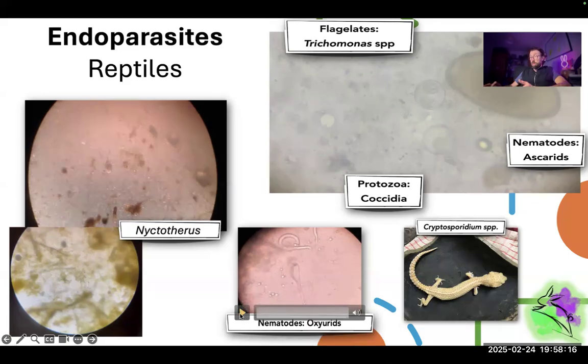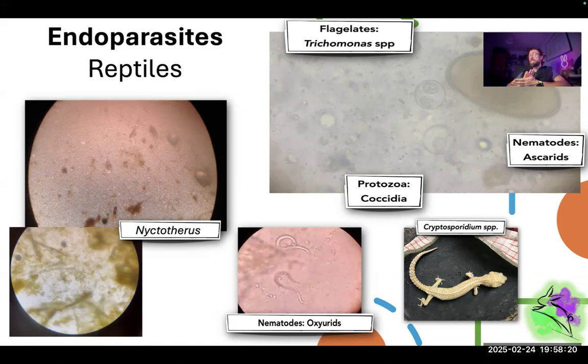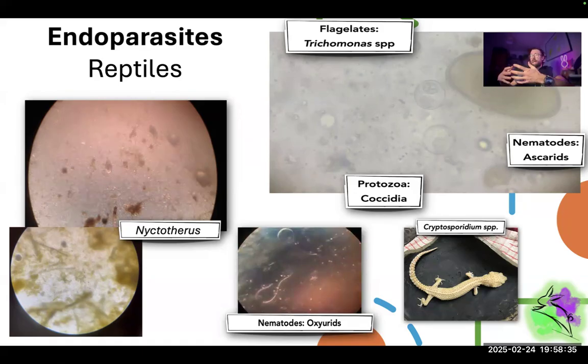Then we have nematodes, specifically oxyurids. In some reptiles, as we will see in the next few slides, the oxyurids are normal, again, when they are not too high in number. When the burden is not too high, they could be considered completely normal.